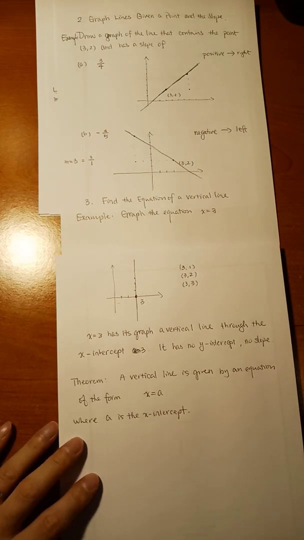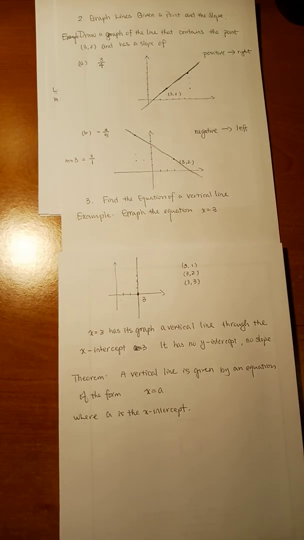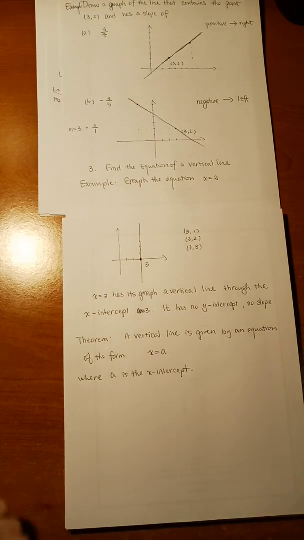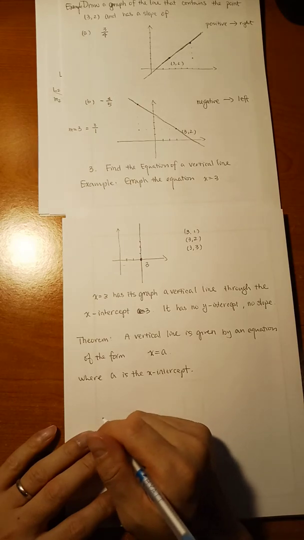A is the x-intercept. Okay, so this moment we can determine the vertical lines completely based on just the x-intercept, a number. So a vertical line is uniquely determined by this number. All right, so that's a vertical line and its corresponding equation.